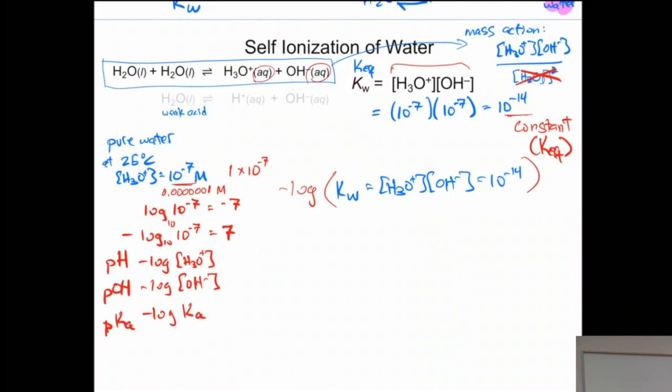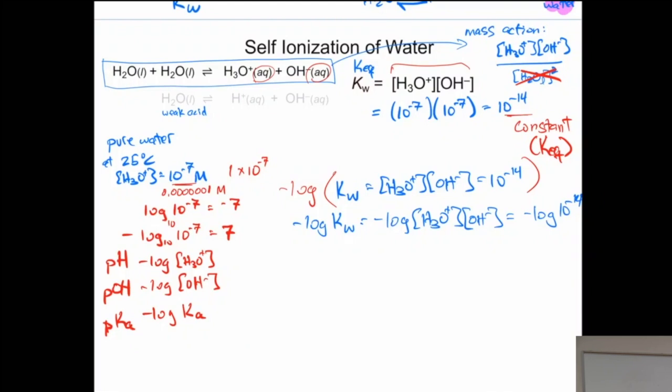We're going to get the negative log of K sub W is equal to the negative log of H3O plus times OH minus is equal to the negative log of 10 to the minus 14th. Am I going too fast?